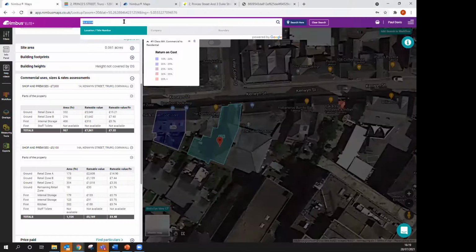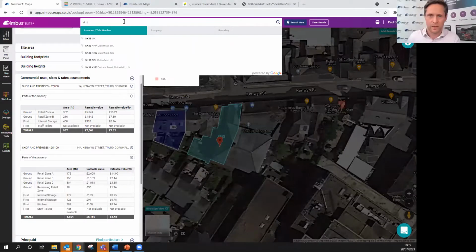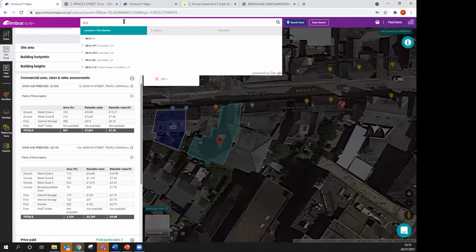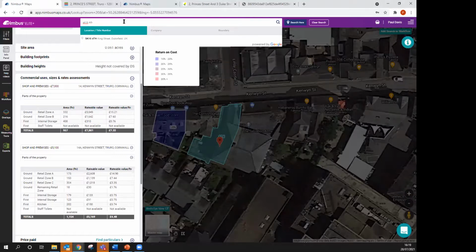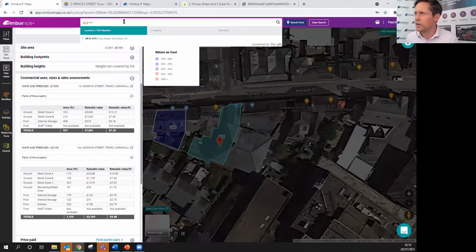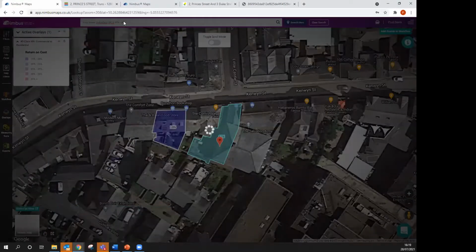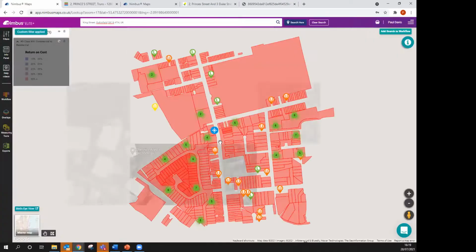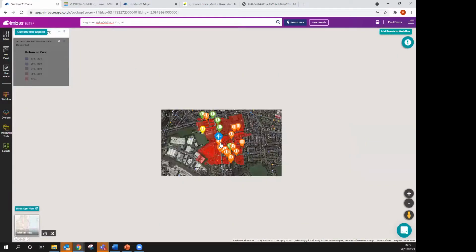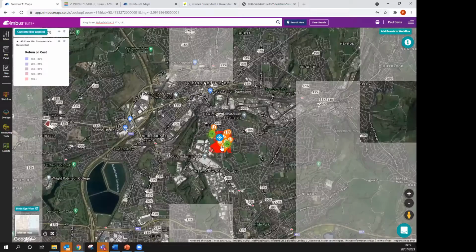Yeah, it's SK16 4TH, King Street, Dukinfield. So it's Greater Manchester, on the east side of Manchester, and the title is not registered.